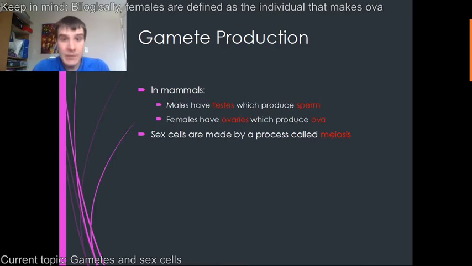So in mammals specifically, we have testes that produce the sperm, and ovaries produce the ova.